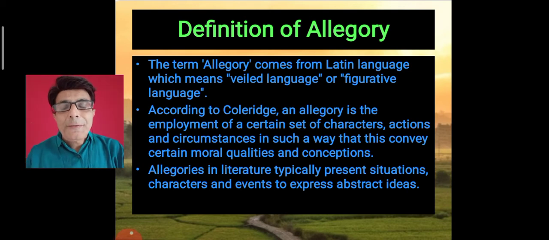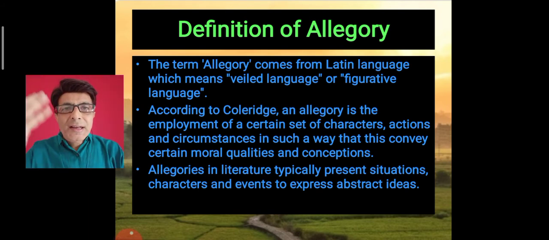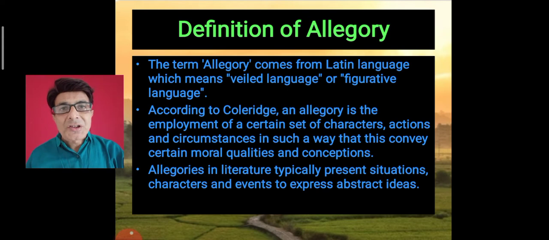But before we define the term allegory, try to understand the etymology of this term. This term, allegory, actually comes from the Latin language, and in Latin it means veiled language, or figurative language.